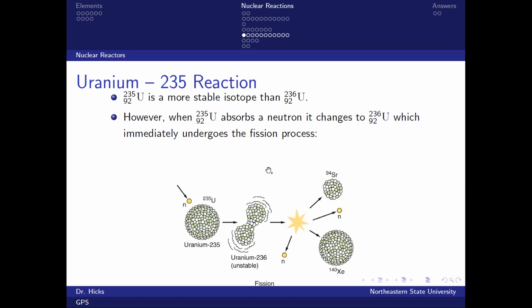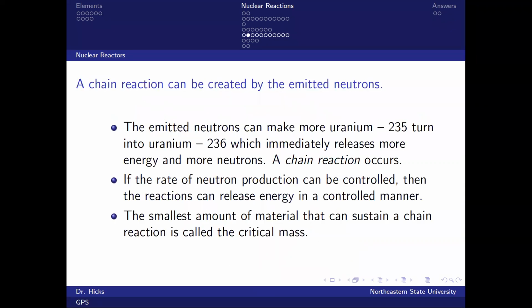That's an important part of the fission process, because those 2 neutrons that I created, if those each hit another uranium-235 nucleus, that could make that split, and that could keep on going in a chain. That's a nuclear chain reaction.